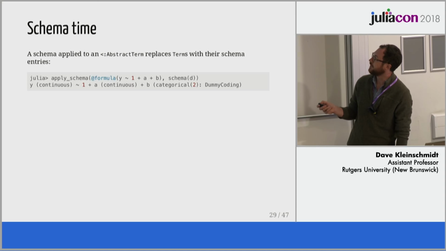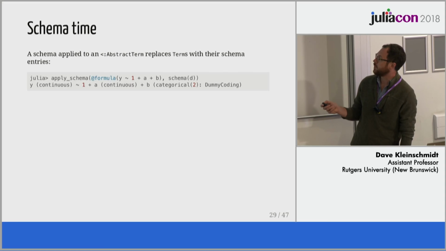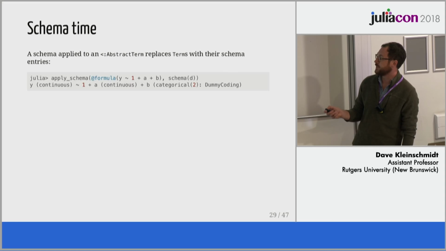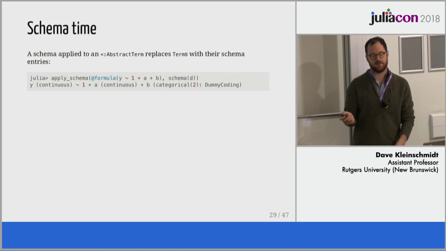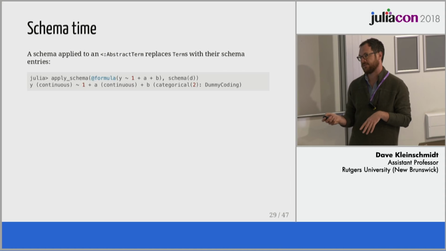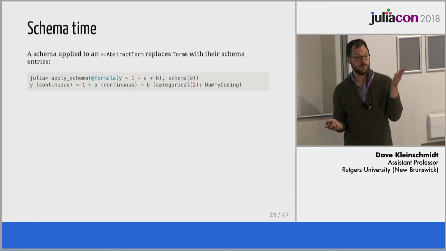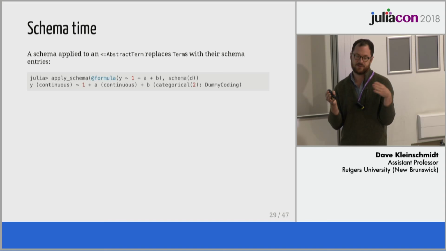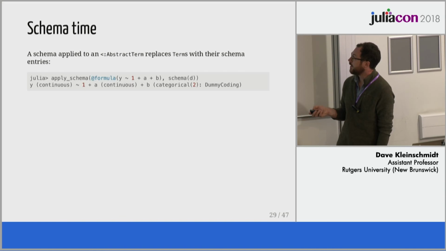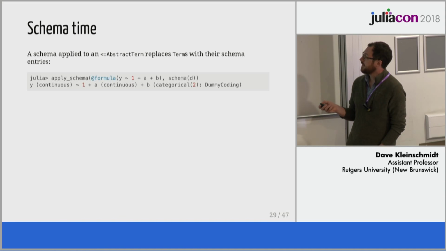So here it's gone through and replaced the y term with the y continuous term. And right now it just tracks the mean and the variance of the column, right? But you could put in a series to track the extreme values, things like that. Right. And it's replaced b with this categorical term. So that's the apply schema function.